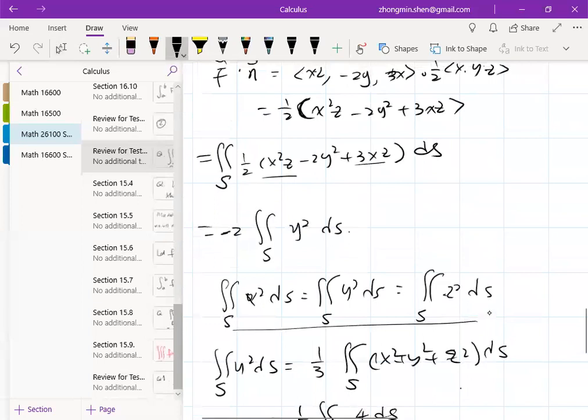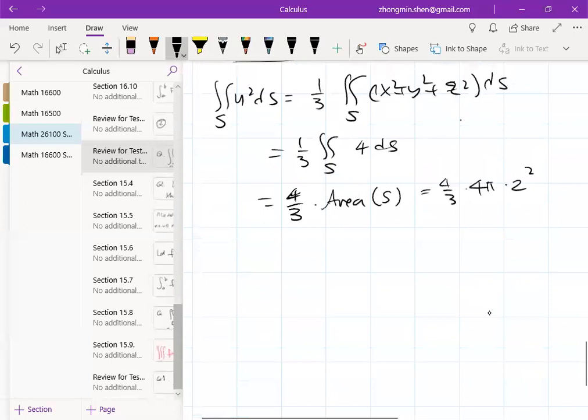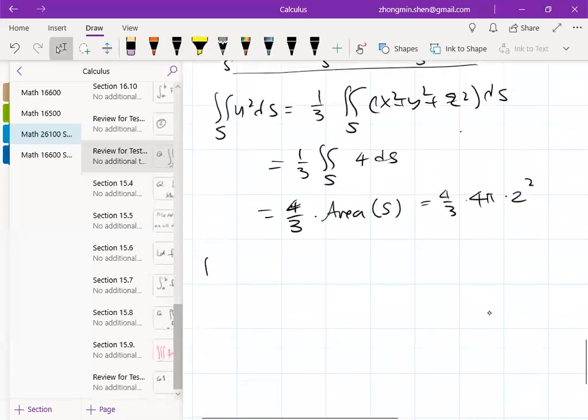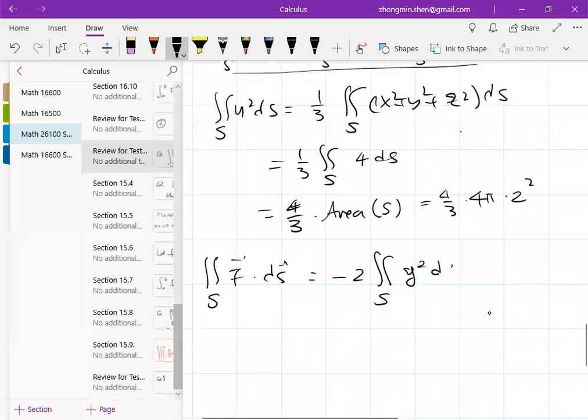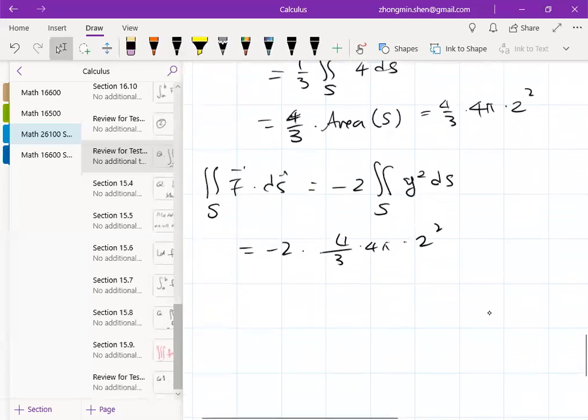there's a negative sign here. When you put it back, my integral will be negative, right? So this integral f ds is going to be -2, right? Remember, this is -2 and multiplied by... I think this is the same answer.